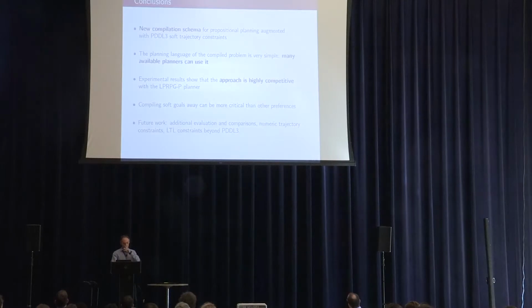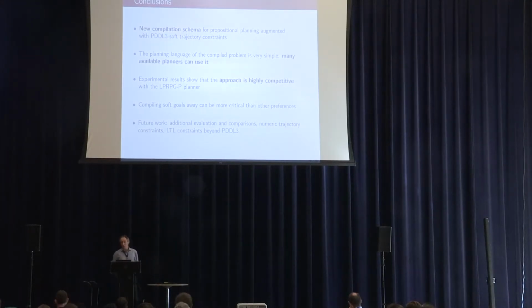So to conclude, in this work we have investigated a new compilation schema for propositional planning with qualitative PDDL3 soft trajectory constraints. A good thing of this compilation is that the target language is very, very simple, and many planners can use it for free, so many planners can handle planning with preferences without changing the code.